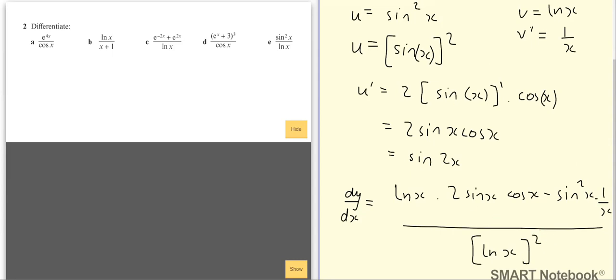Now, what's important to understand is ln is a function, so we need brackets here. Sine is a function, and these things are not to be multiplied with other terms outside of those brackets.